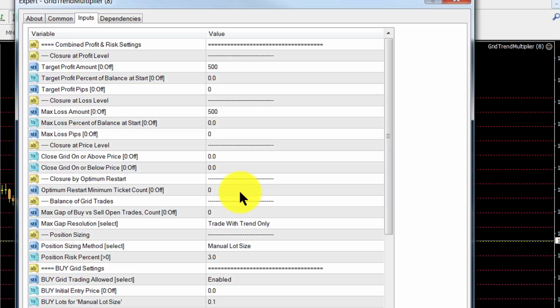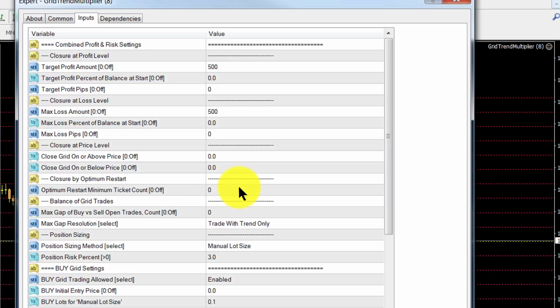So if the price goes down or the price goes up, you're not going to get out of a big loss environment, because as the price goes up, more of the negative trades get open, and as the price goes down, more of the positive trades get open. And that is in fact a good time to restart the grid. So that is what the optimum restart button is all about.